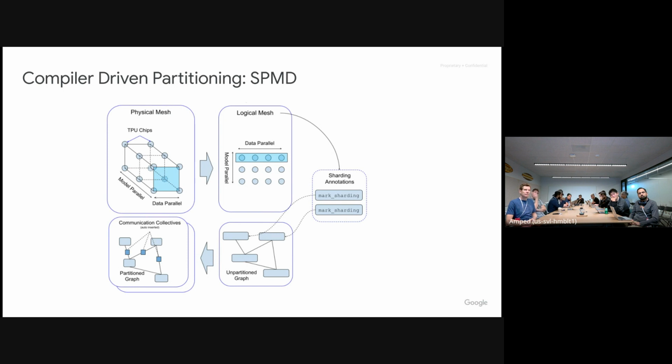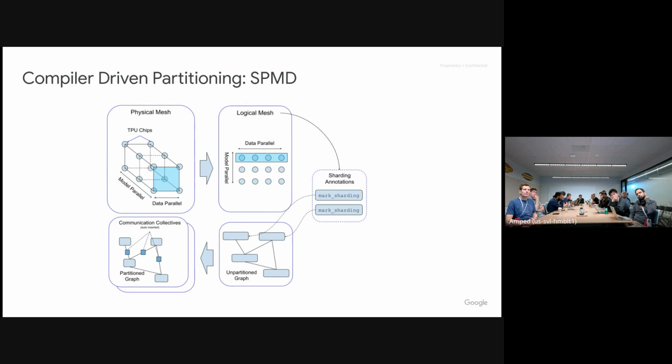There is nothing inherent to model and data parallelism in the axis names themselves. You could call them X and Y, you could call them MP and DP, you could call them Rajesh and Vaibhav as the 2 axes. And then there is the sharding annotation.